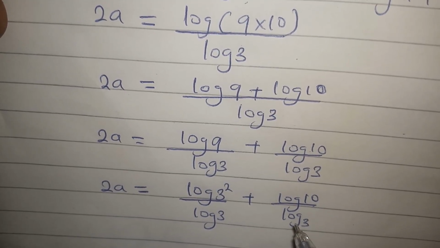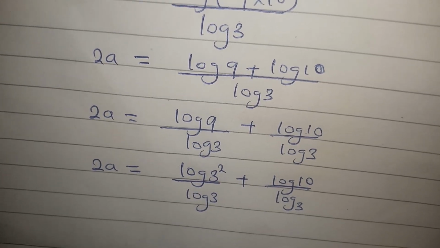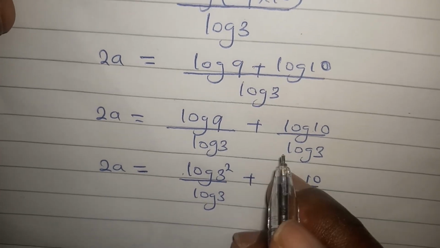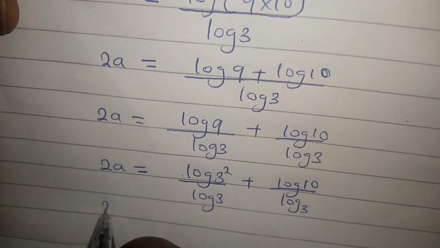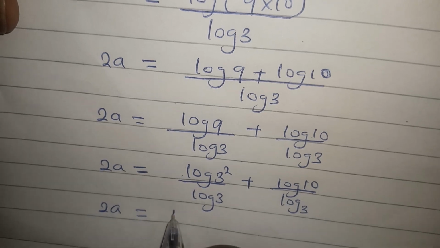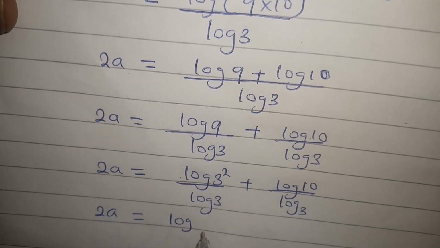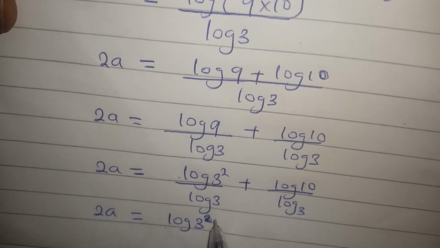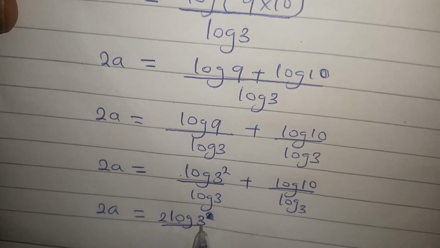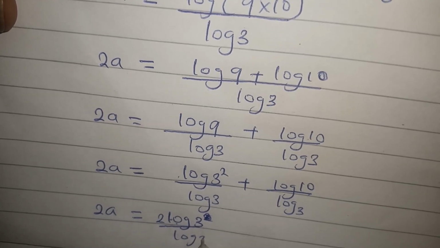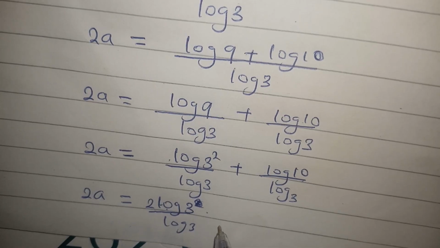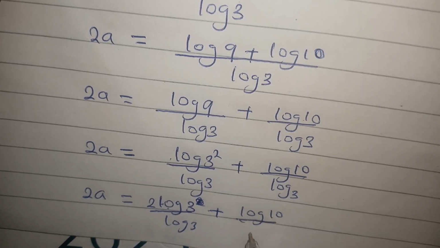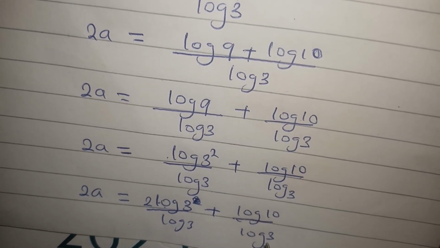From here, the power 2 is going to the back. So we are now having 2a equals 2 log 3 over log 3 plus log 10 over log 3.